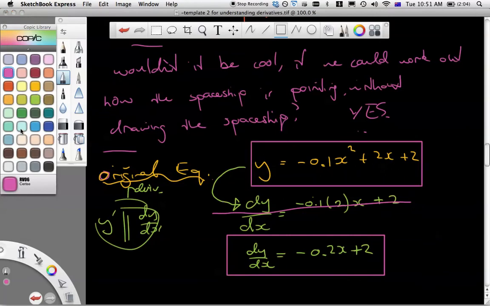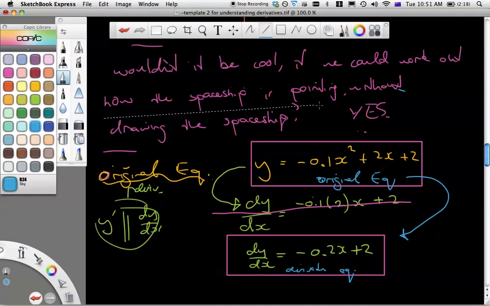Original equation, and that gave us this derivative equation. And the amazing thing is that this derivative equation is going to tell us how the spaceship is pointing without drawing the spaceship.